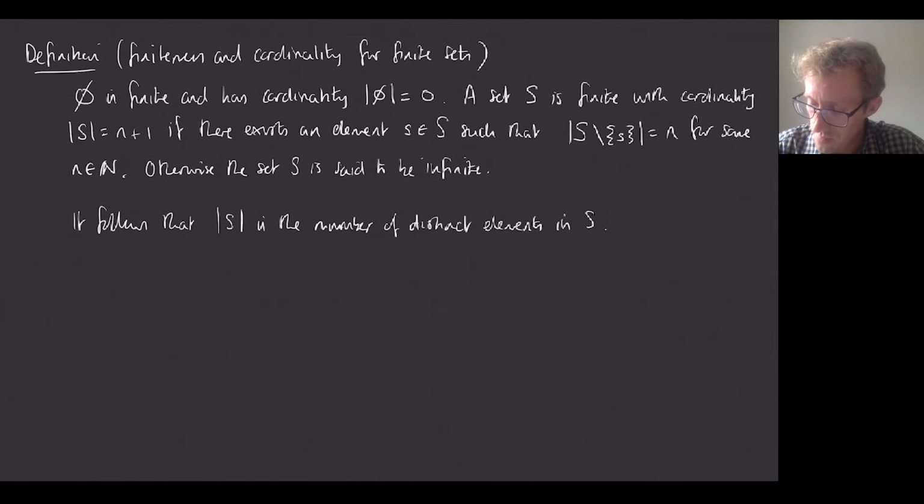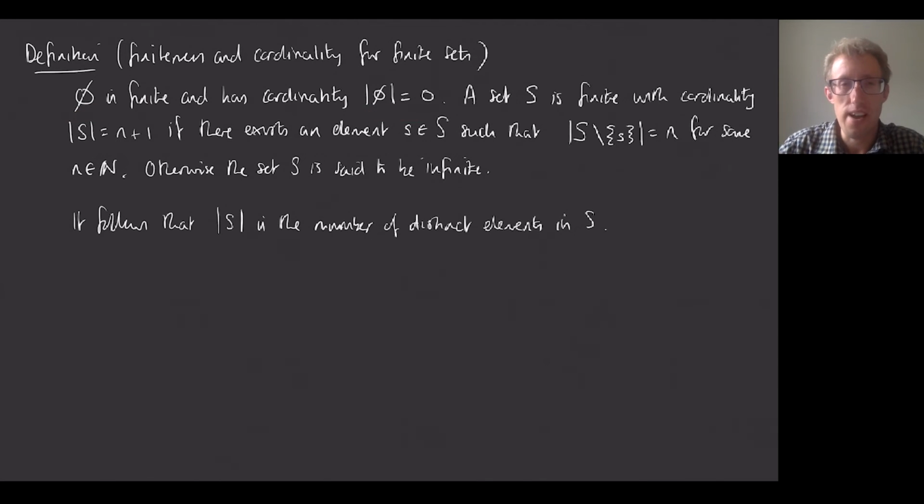Right? So you might think, well, why did we not just use that as our definition of the cardinality? But if you think about it, that effectively is what we're saying. We're just giving a very methodical definition of what exactly it means to say that there are n distinct elements in the set S. Because we're saying what you should do is take your set and successively take elements away from it to find something that has cardinality 1 less, and eventually you'll end up back with the empty set, which we know has cardinality 0.